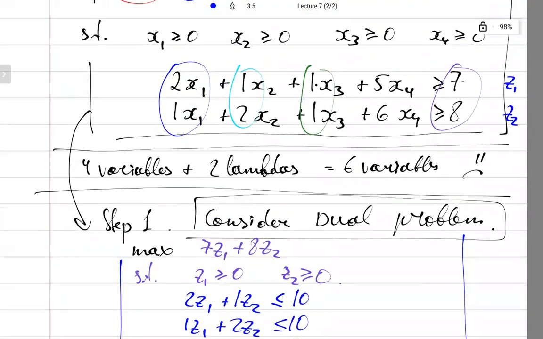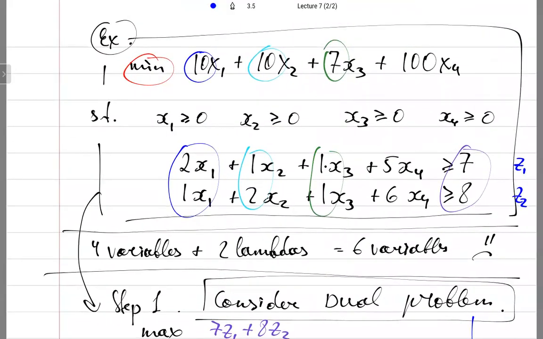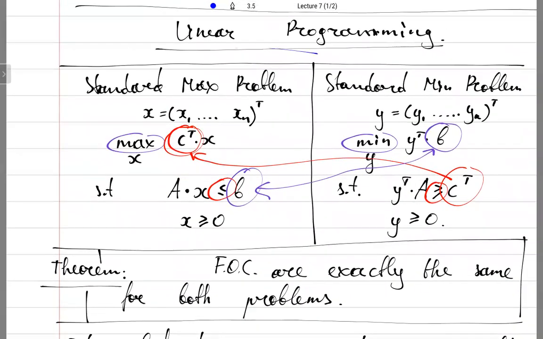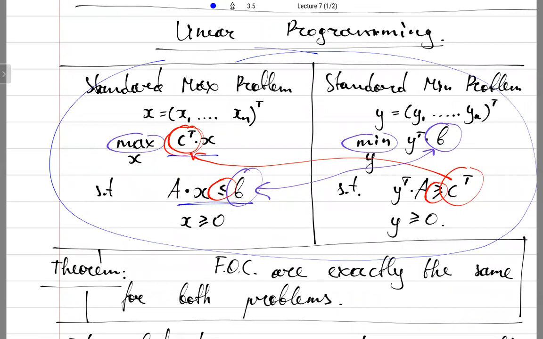Any questions about how to go from a linear programming problem to its dual? No. So basically, if you have some doubts, then just follow this definition of dual problems. If you have standard maximization, the dual is standard minimization. If your problem is not in standard form, for example, you have maximization but the inequalities are not like that, then go to standard maximization and then go to the dual.